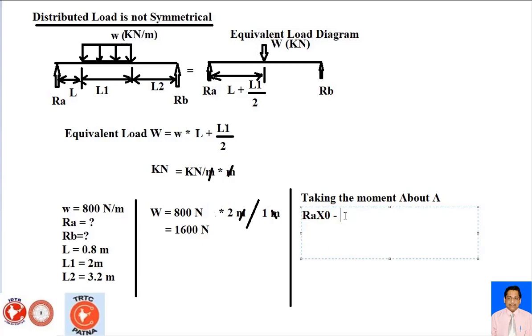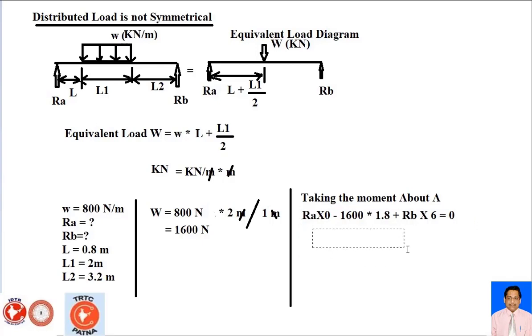So W is basically minus 1600 multiplied by 1.8. Then after that, come to here, so the upward direction is by RB. RB is multiplied by L plus L1 plus L2: 0.8 and 2 is 2.8, and 2.8 and 3.2 is 6. So basically your equation will be equal to 0. So now compute here RB.